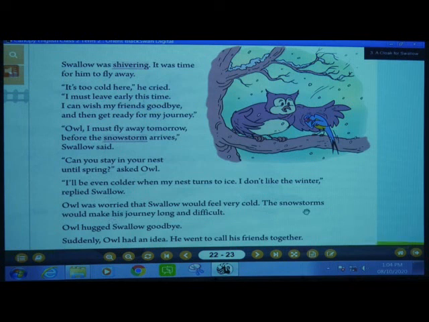So as snowstorm means the wind will blow very fast, even the swallow would be unable to fly in the sky, and because of this snowstorm the journey will be long and difficult for swallow. So owl was worried here for his friend.